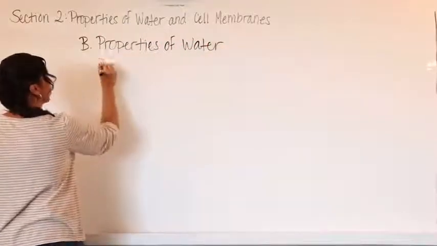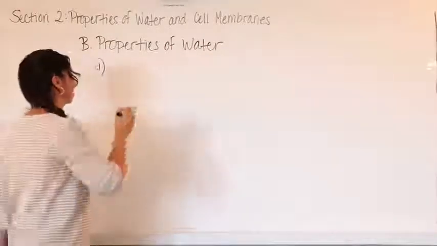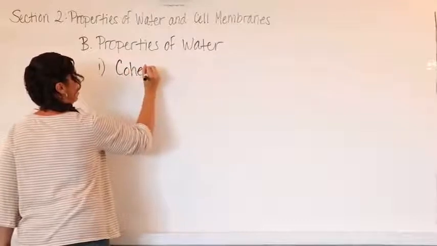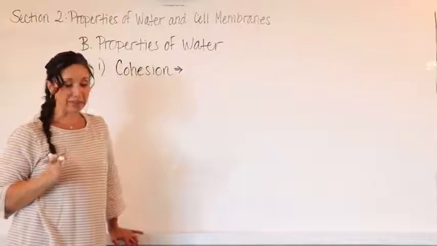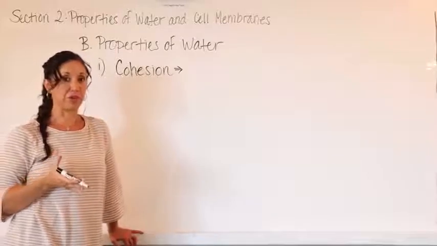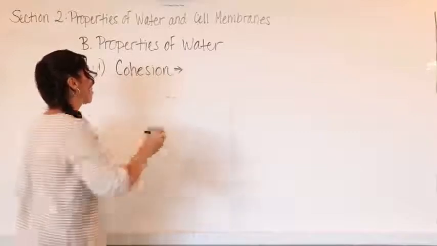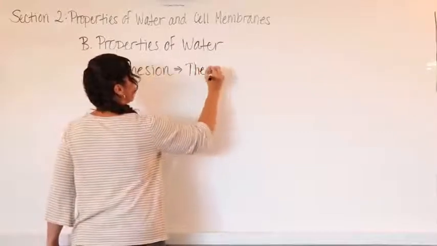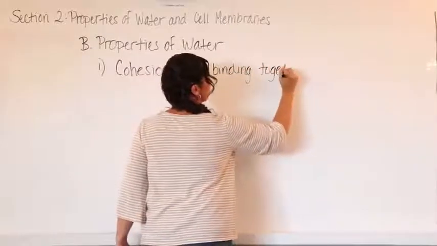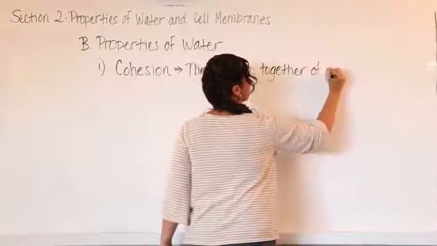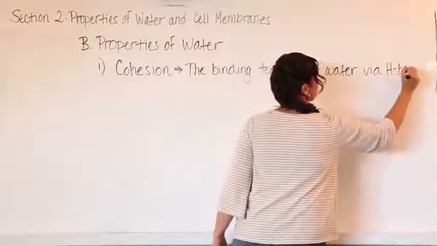The first property that we're going to talk about, we've already kind of discussed a little bit, is called cohesion. Cohesion is the binding together of water molecules due to hydrogen bonds. So it's the ability of water to bind to itself, essentially. The binding together of water via hydrogen bonds.